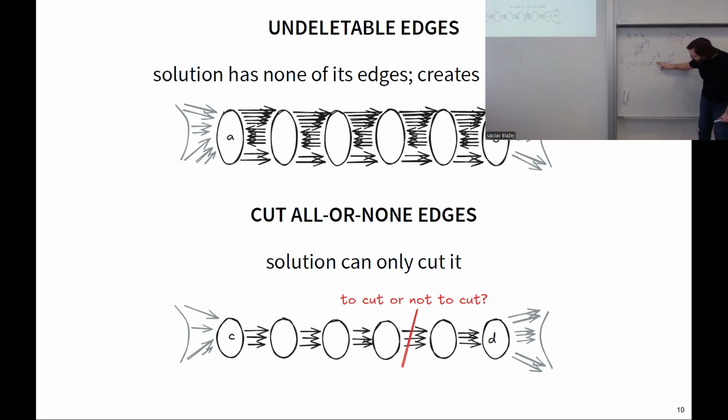If you try to cut it somewhere, you can't, because it's too connected. So there is no way to delete any edges from here, because you will just make it unbalanced in the result. So that's how you can model undeletable edges.